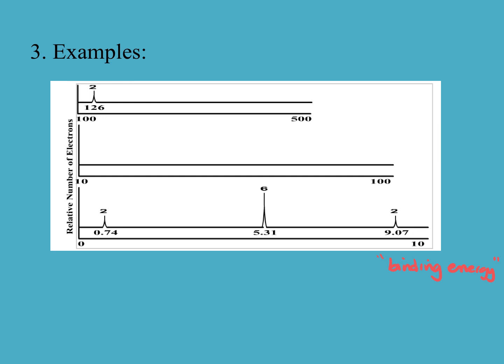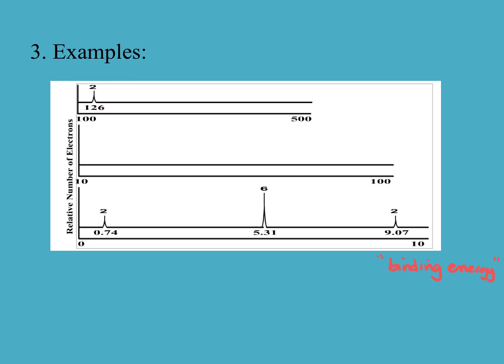It's similar to, but not exactly the same thing as ionization energy, because ionization energy refers to the amount of energy it takes to remove the outermost electron, aka the valence electron, where binding energy can refer to however much energy there is to remove a particular electron from a particular sublevel. When you read these, you can see that there are small numbers, then a bigger one, an even bigger one, and then a really big one up here.